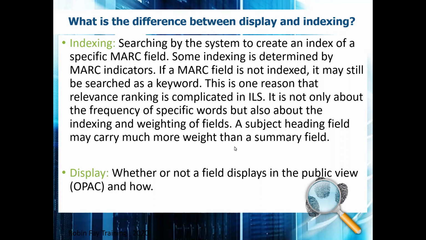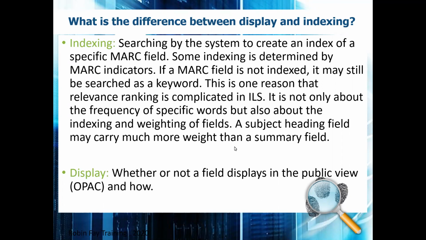But if a MARC field's not indexed, so if a MARC field doesn't create that index, where you can browse by author, or browse by title, or browse by call number, series, or subject heading, which are some of the most common ones that you would have, you can still search by keyword. Most systems will now allow keyword searching, and if you just put in something like you would in Google, it'll give you some results.